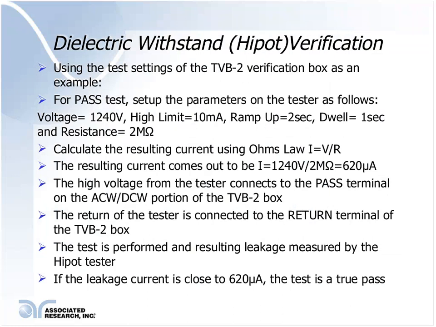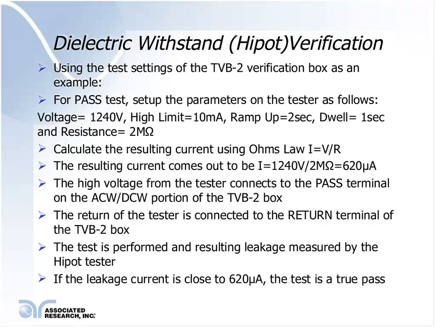So, how do we verify whether the dielectric withstand test is measuring the leakage current accurately and within specs? For the Hipot test, we're again going to use the example of the TVB2 box resistance values and test settings that we showed earlier in that table.